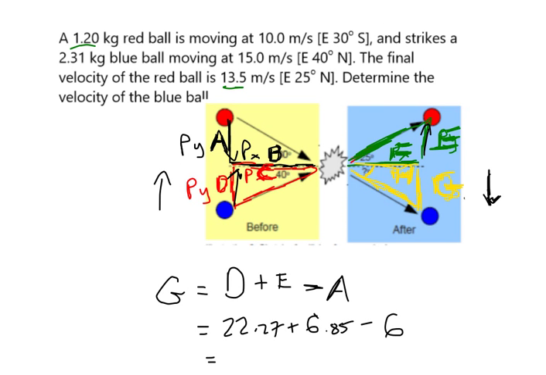So I should be able to calculate this momentum right here. So I'll try to find the exact values in my calculator. 2227 plus 685 minus 6. I have a final value here for G of 23.119 kilogram meters per second.